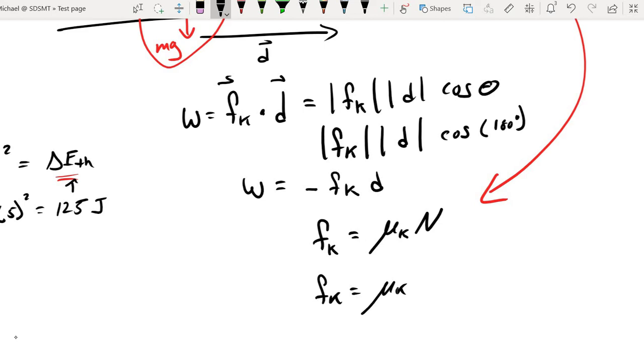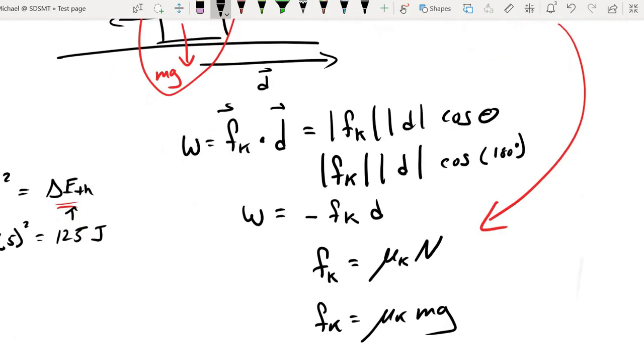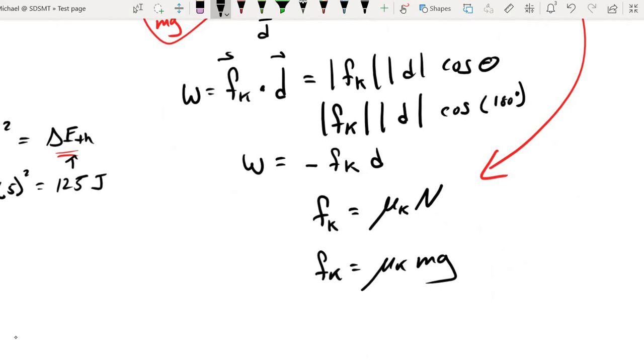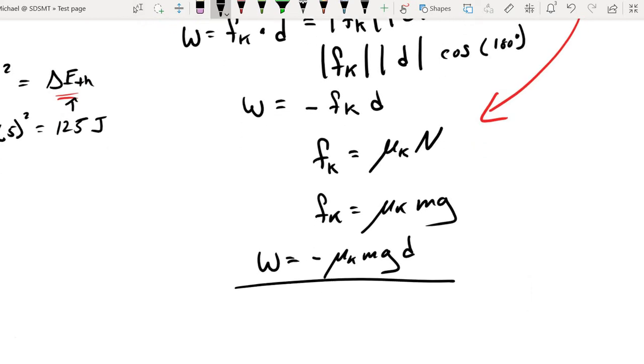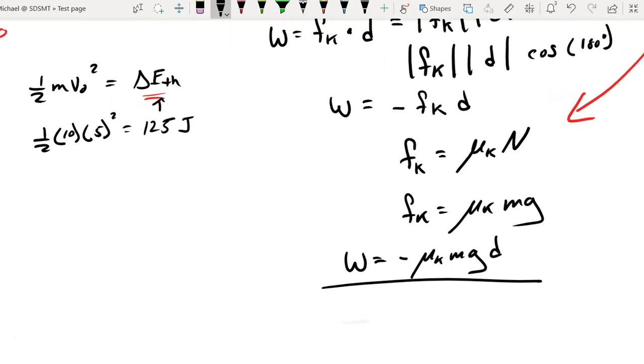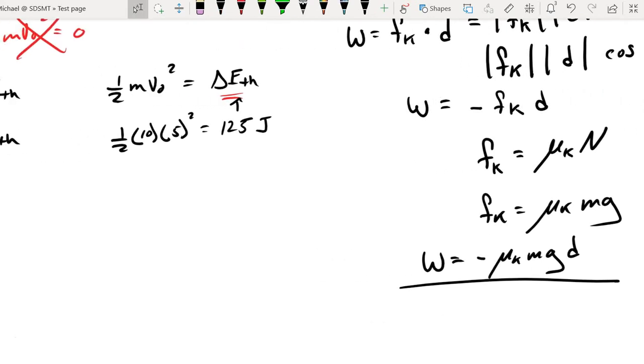So we have mu k mg. And so now the work done is negative force of friction times displacement. And that has to be the amount of work that friction does.